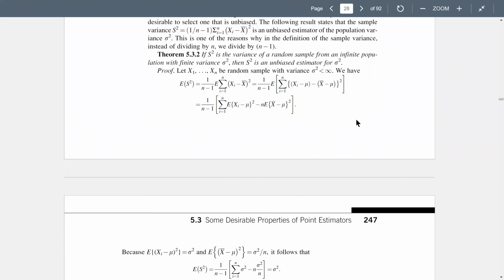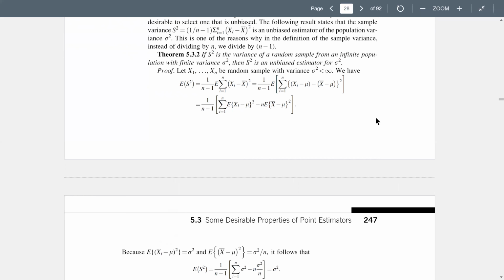Now here, many people don't know why S square is an unbiased estimator. Why n minus 1 in the denominator? That makes things confusing. But because of this reason, if you don't subtract 1 in the denominator, it is not an unbiased estimator.